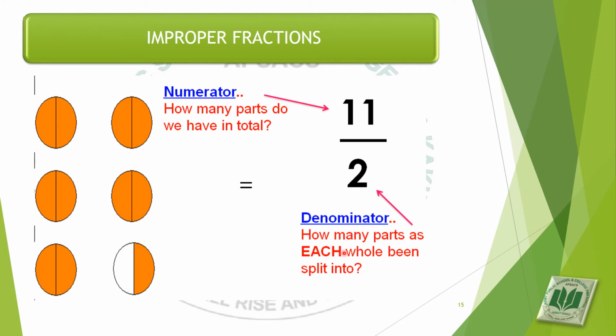The denominator is how many parts each whole has been split into. You can see that here in this example, we have divided each shape into 2 equal parts. So 2 is our denominator, and you can see here that out of 12, 11 parts are shaded. So this 11 is our numerator.